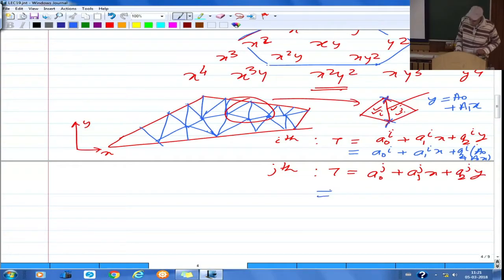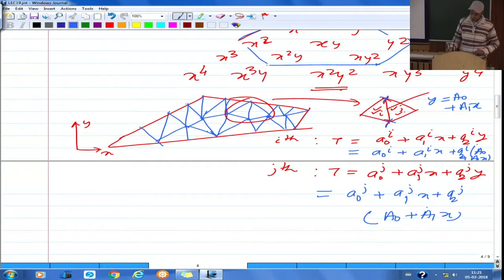When you are evaluating for the jth element, you will have A0j plus A1j x plus A2j into y, and that y is A0 plus A1x for that boundary.